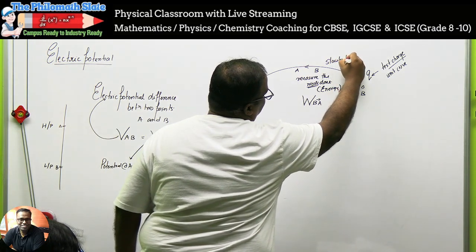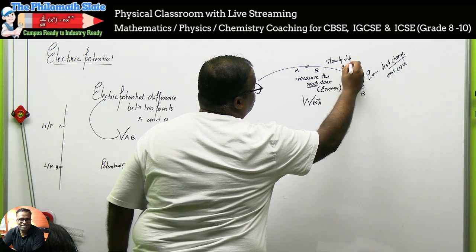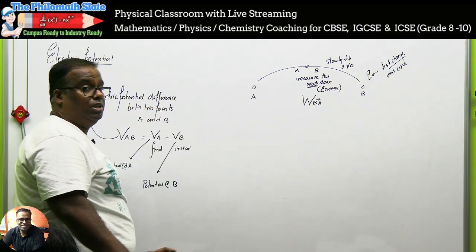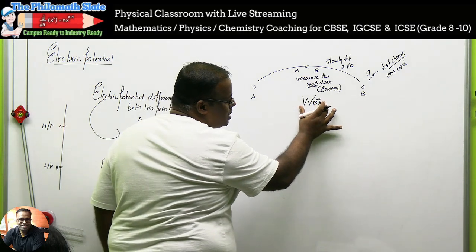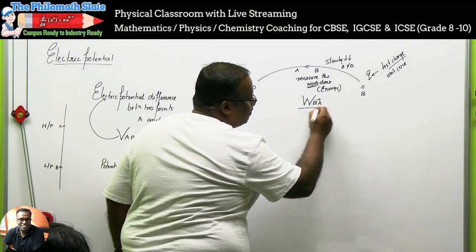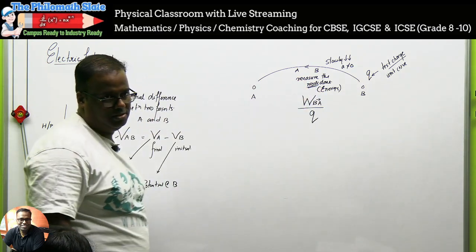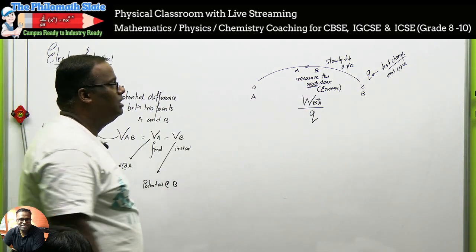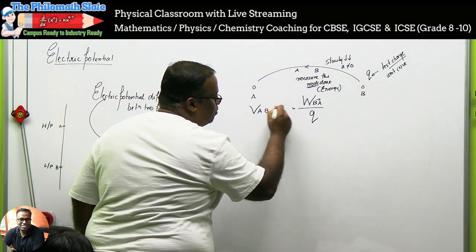This part is there in grade 12 anyway, very slowly, so that this charge should not accelerate. एकदम धीरे धीरे आना चाहिए. You measure this work done and you divide it by the value of the charge which you moved. Understood? This is said to be the difference in potential between the 2 points.